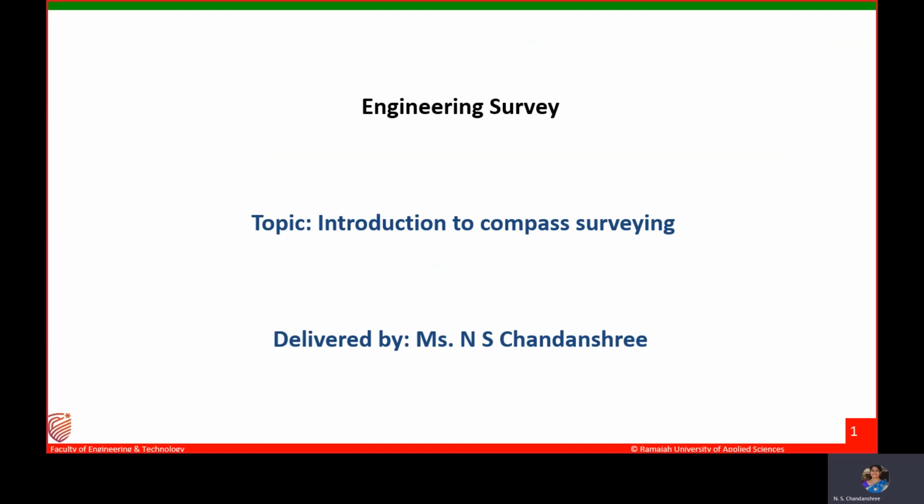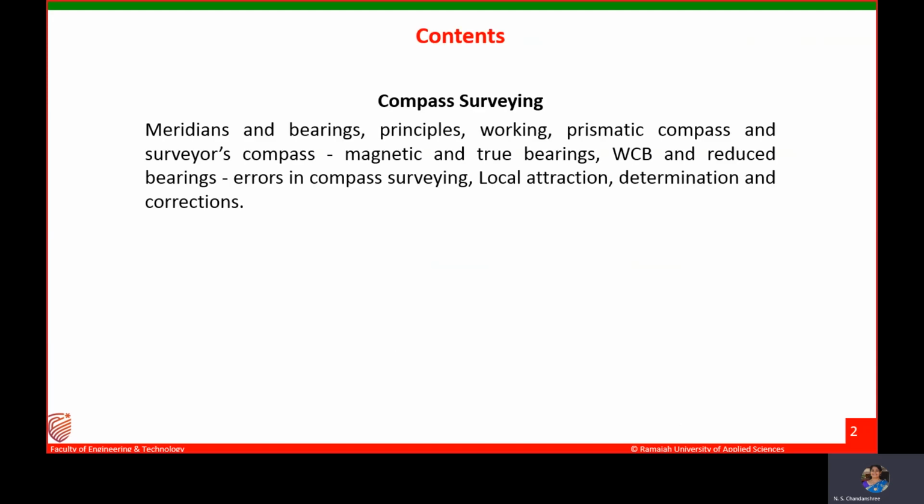Today, we'll be discussing the topic of compass surveying. The topics that will be covered in today's session are the meridians, the bearings, and the principle of working of a prismatic compass and a surveyor's compass. Also, we will understand the difference between magnetic bearing and true bearing.